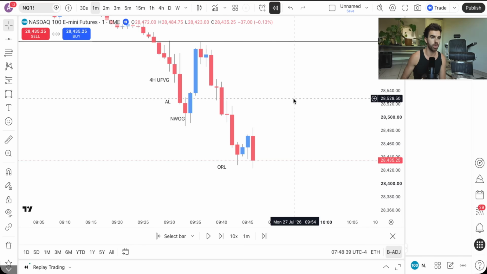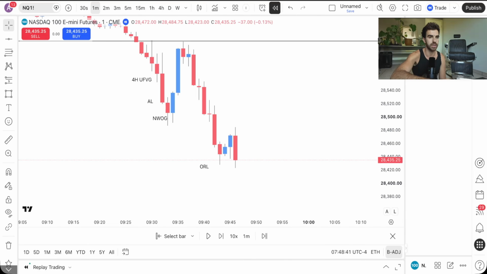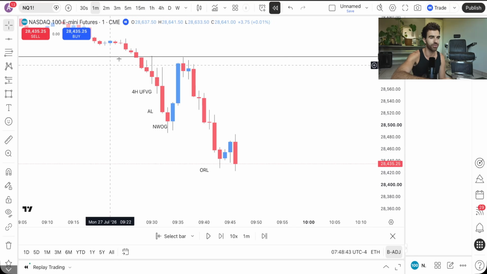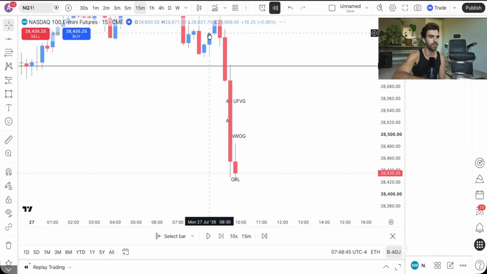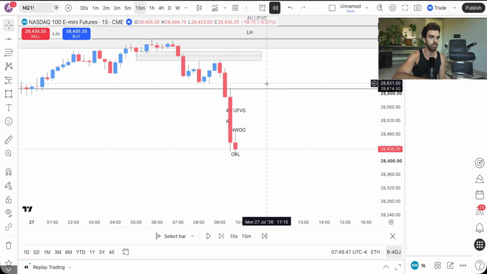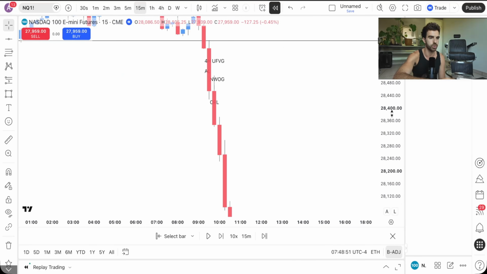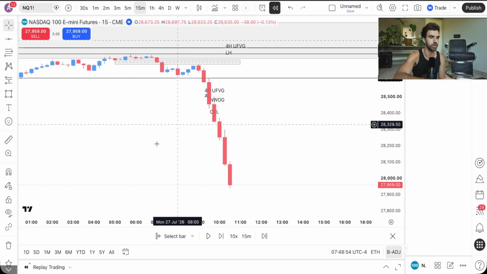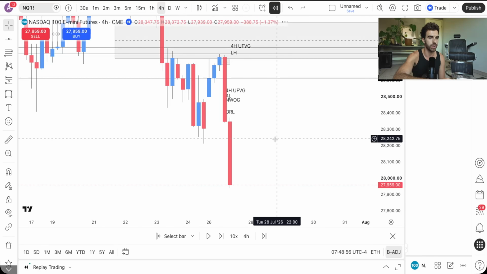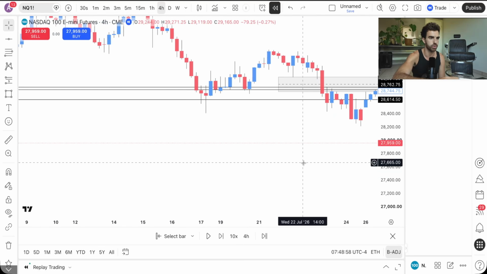So that was my one and only trade on the day. Nasdaq ran, I think, 450 points from the start of the session. For me, I couldn't find anything else that I was convinced in taking just because we had taken so much already. We took out previous day low as well. ES was running all those draws.